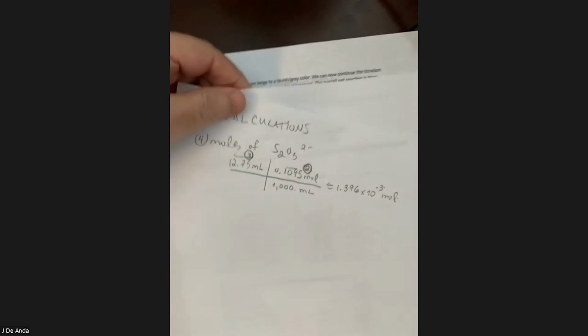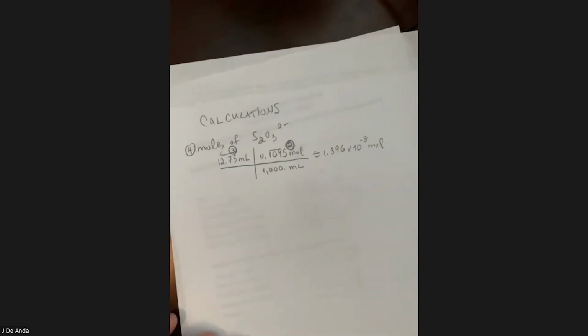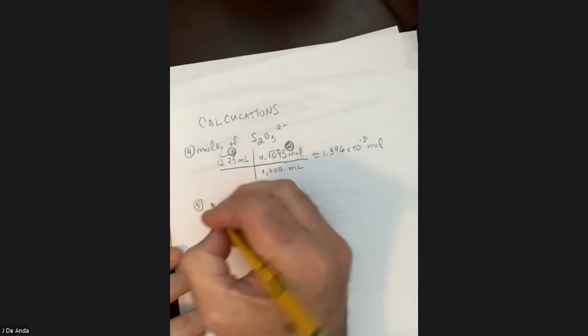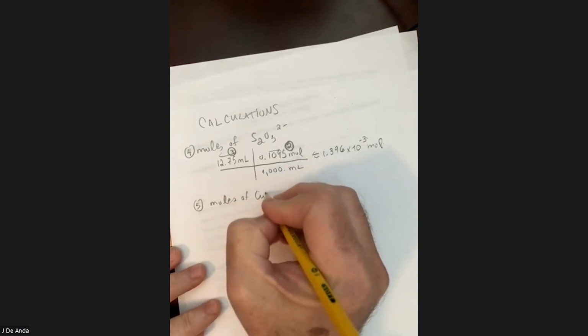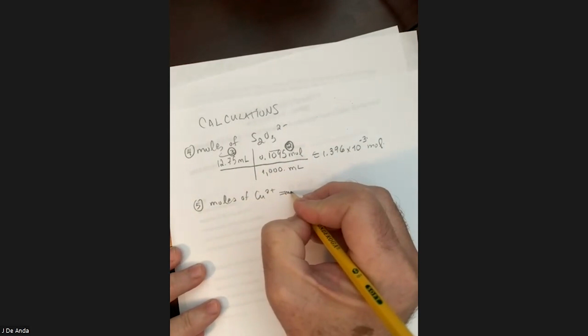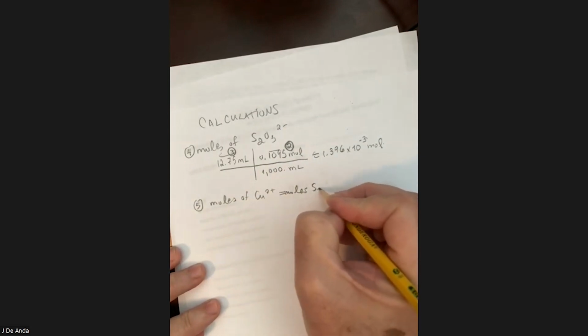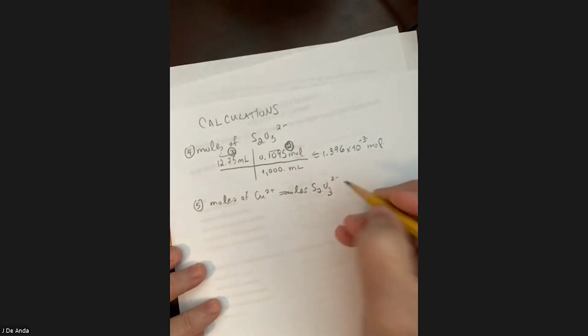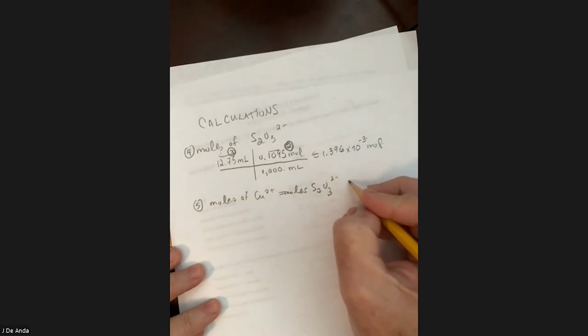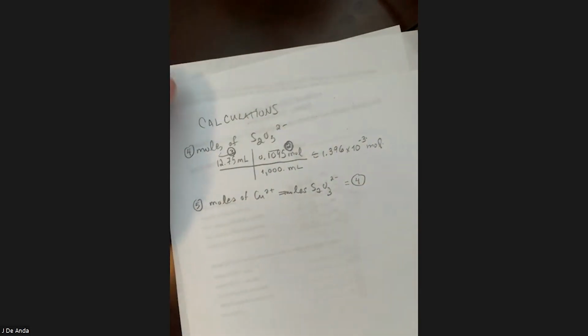So that means that we probably don't need to do the calculation, but basically moles of copper 2 equals moles of thiosulfate used. This is the same as we got in item number 4. So I'm going to just put that in here.